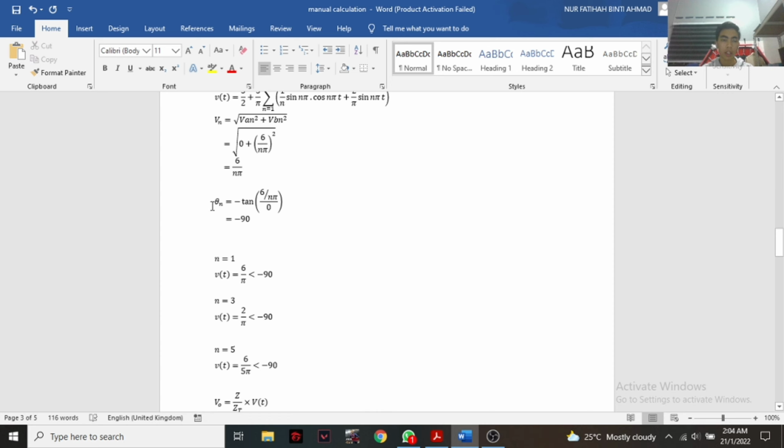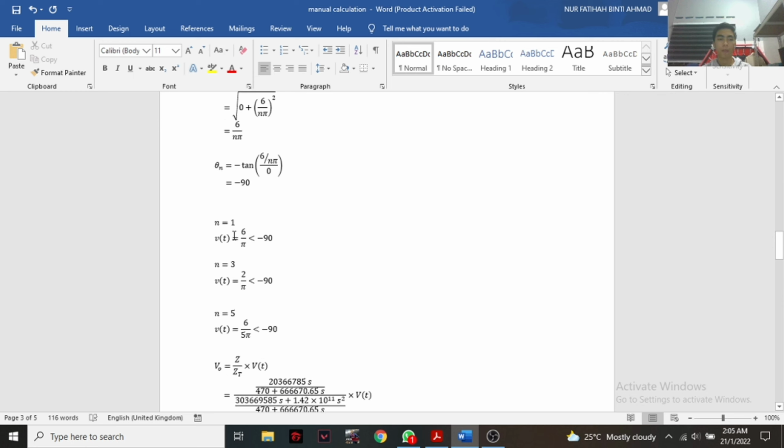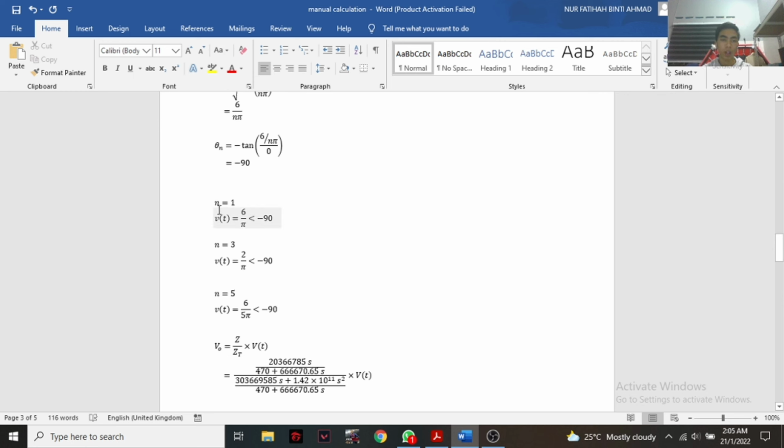For the theta n, we use minus tan inverse of 6/n pi divided by 0, and we get negative 90. For n1, n3, and n5, we use this formula, and we get the answer.